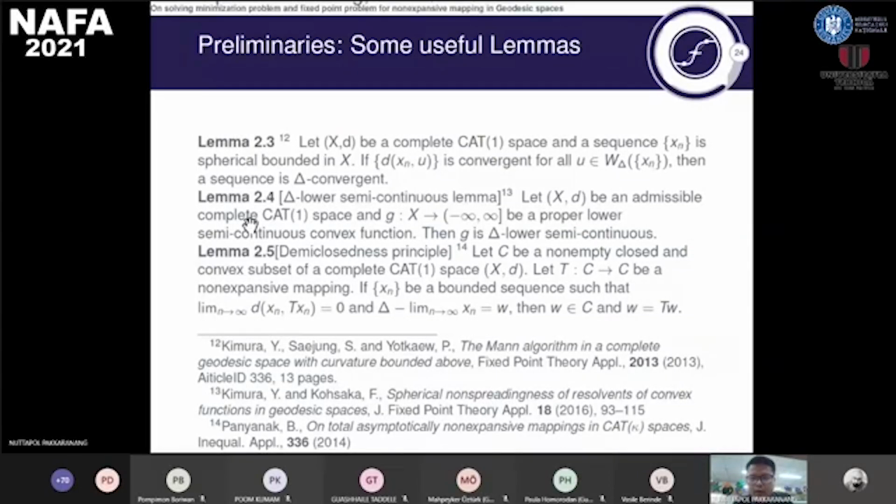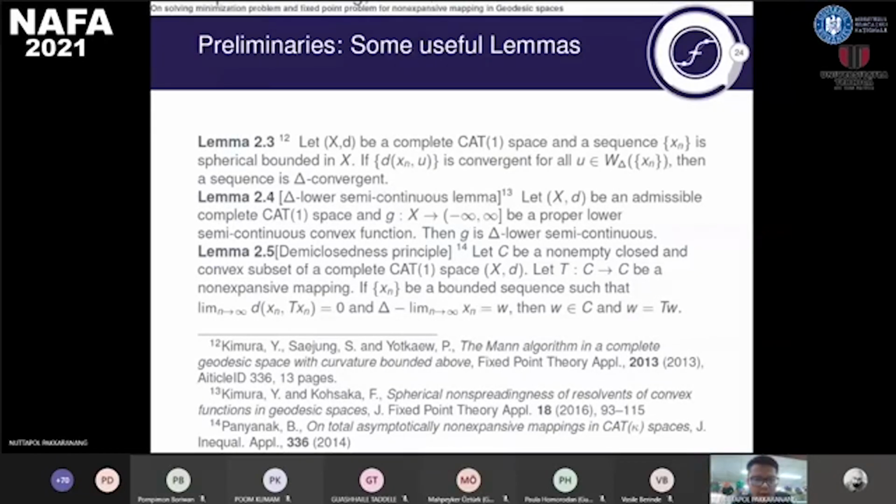And Lemma 2.4 is the definition of delta lower semi-continuous in CAT(1) space. And Lemma 2.5 is the lemma to prove the delta convergence.